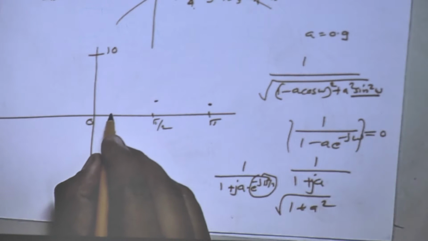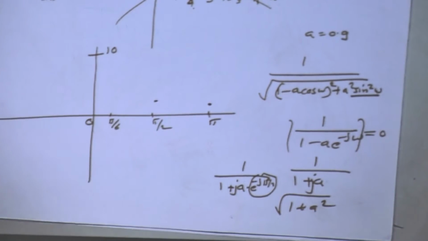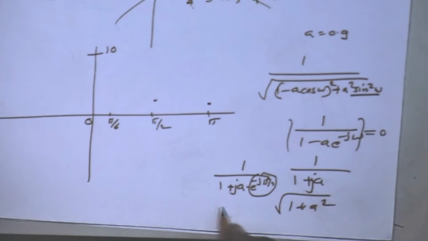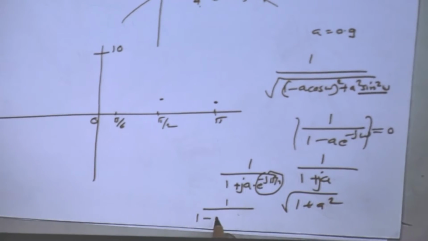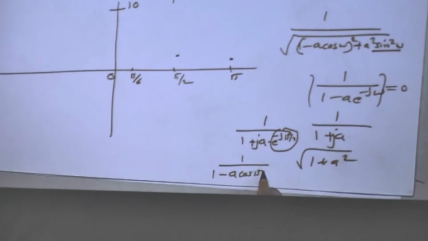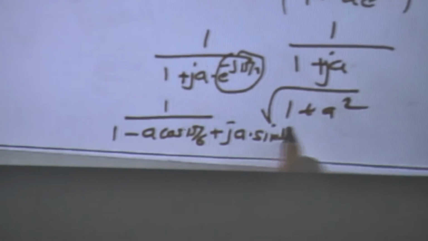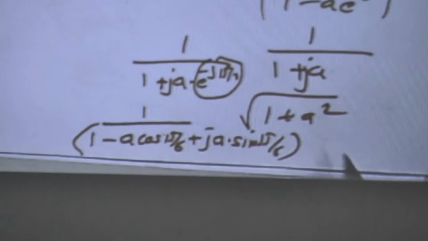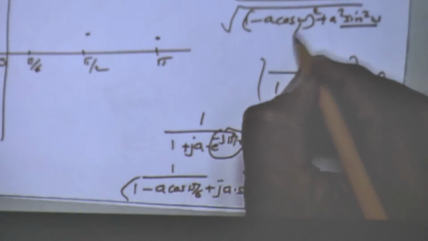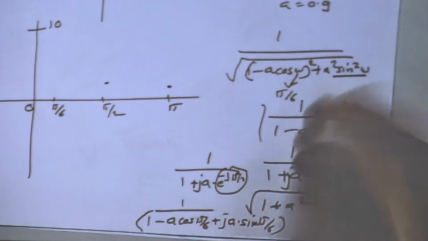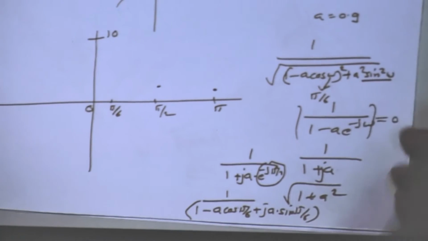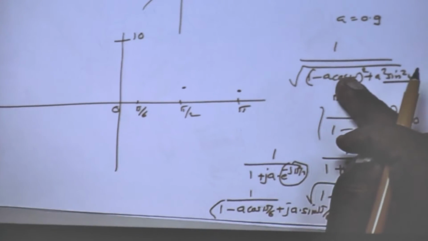Let us take at pi by 6. What is the value at pi by 6? This becomes 1 divided by 1 minus a times cos of pi by 6 plus j times a times sin of pi by 6. Find out this. So, for this you need to substitute omega is equal to pi by 6. Can you calculate the value and tell me? 1 minus a cos pi by 6 is how much?